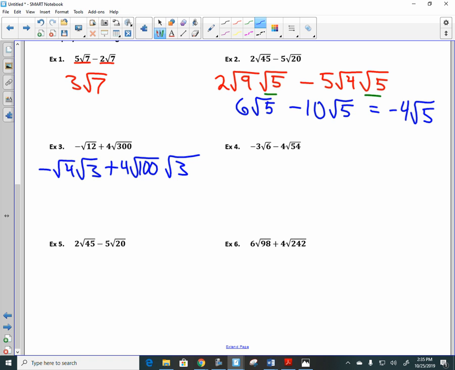So I have negative 2 roots of 3 plus square root of 100 is 10 times 4 is 40 roots of 3. Negative 2 roots of 3 and 40 roots of 3. 38 roots of 3.